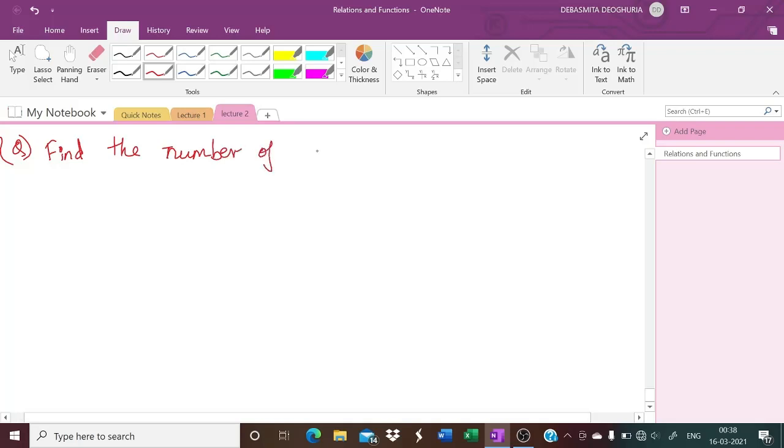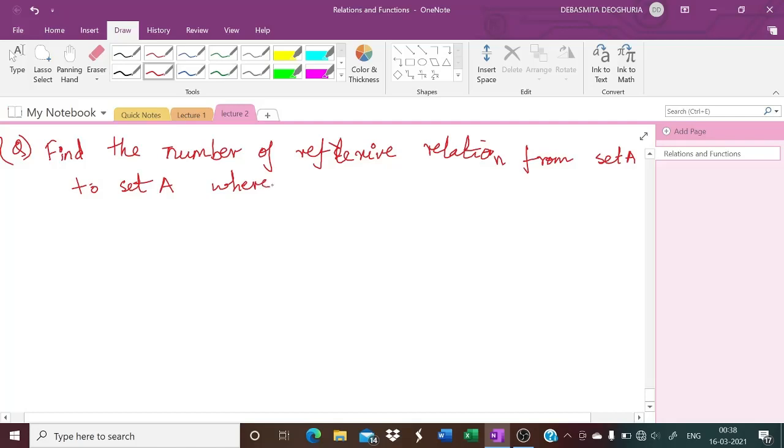Find the number of reflexive relations from set A to set A, which means this is a relation on set A where A equals {1, 2, 3, 4}.